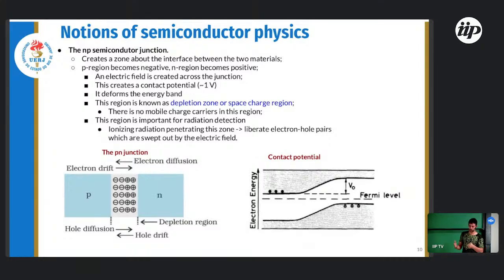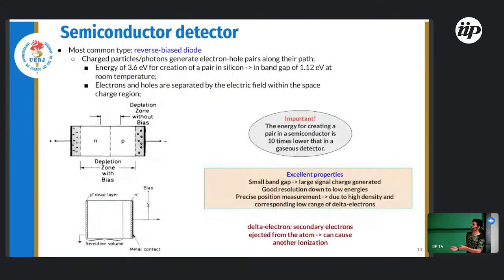How can we do that? The most common technique is the reverse bias diode. We simply take a power supply, and at the P region we put the negative voltage, and the holes will be attracted to the right, while we connect the positive part here, and then the electrons will move towards the positive region.